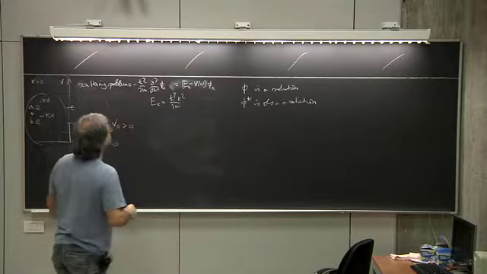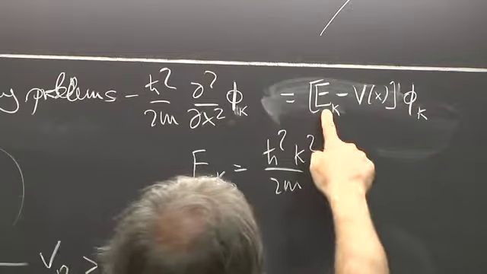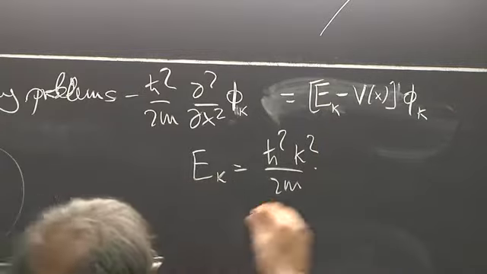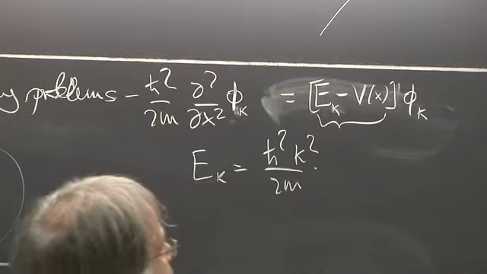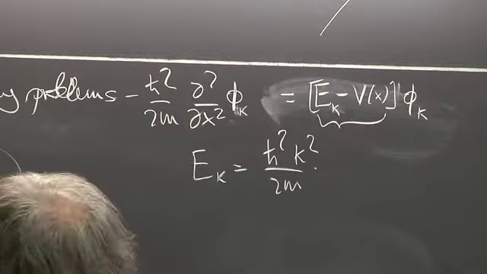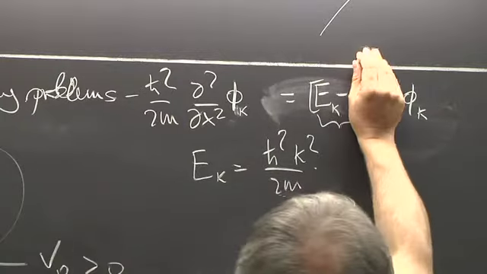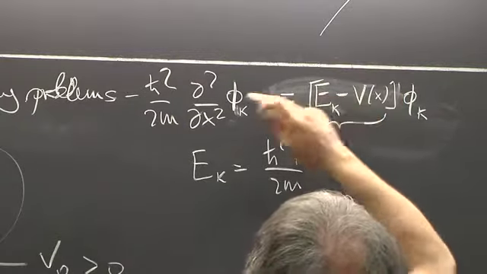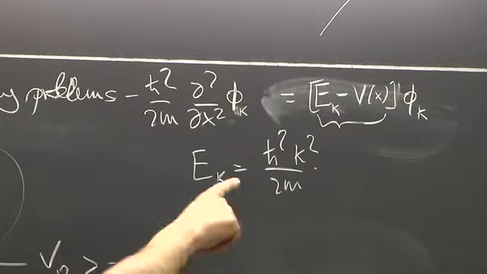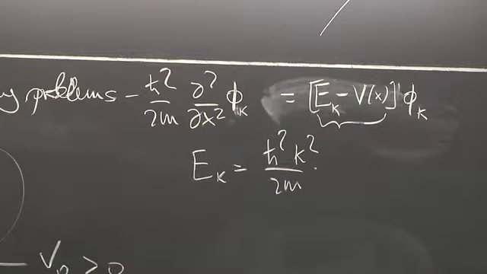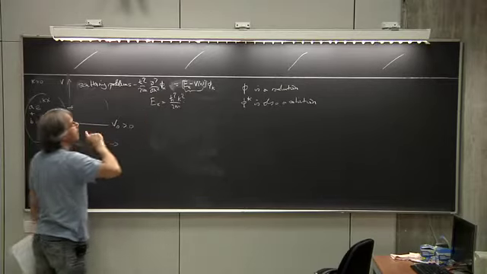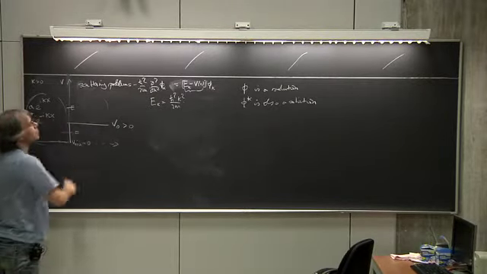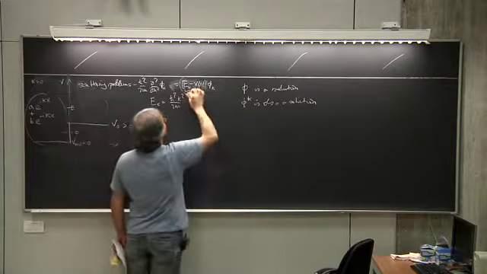Now, you see immediately that if E is greater than V0, then this is positive again. Exactly like it was positive here. So in the left-hand side, E was positive, and we determined that it was related to K in this way. Now, in the second case, it's also positive what you have here.